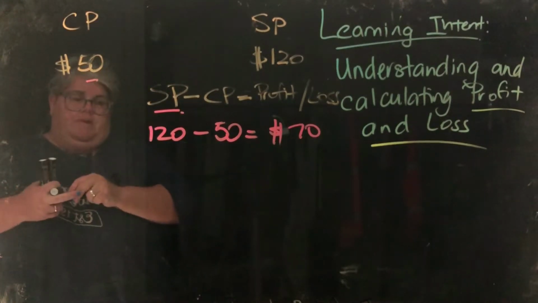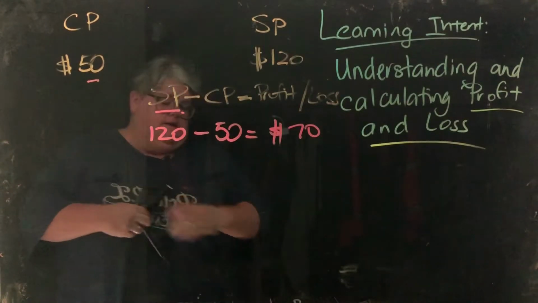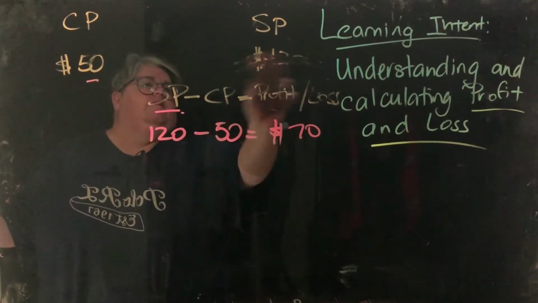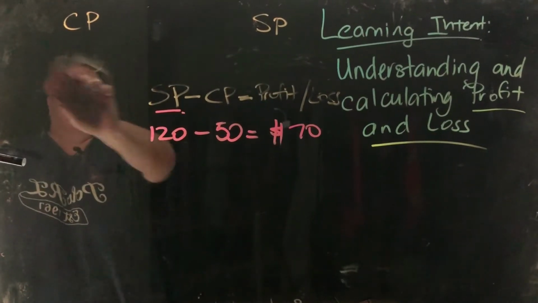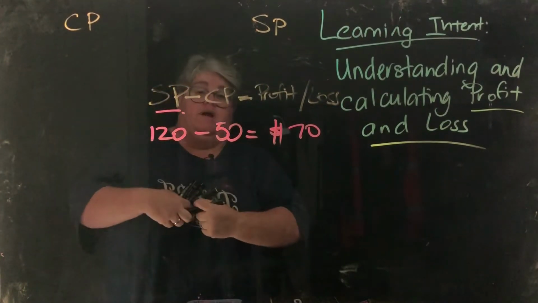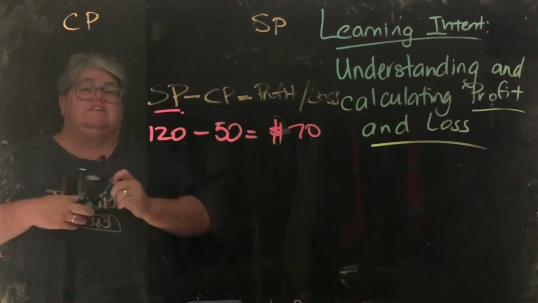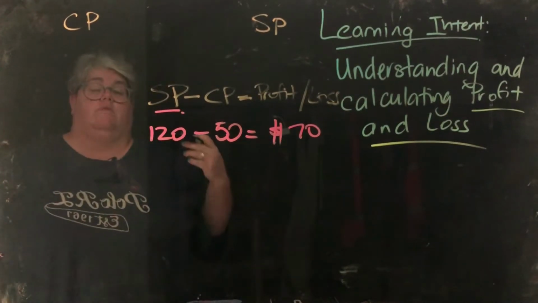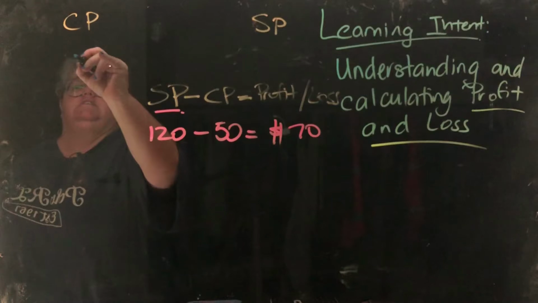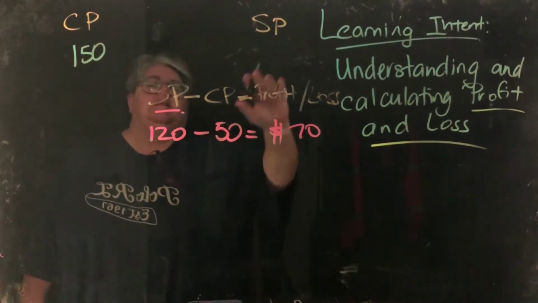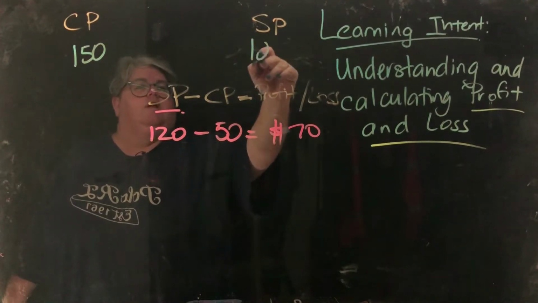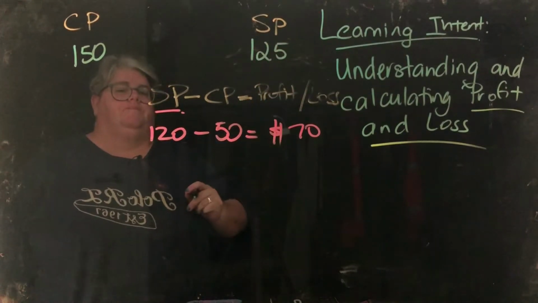Now let's change it up a bit. Let's say, for example, we've got a brand new product on the market. It actually costs us more than what the customer is willing to pay. Let's say something costs us $150, but our sales price, we can actually only get $125.